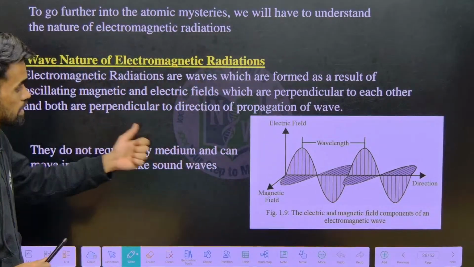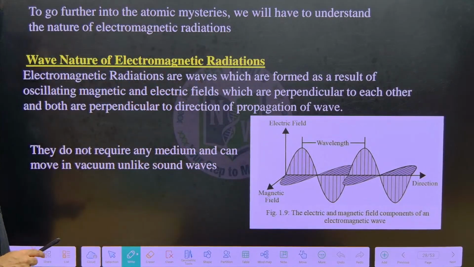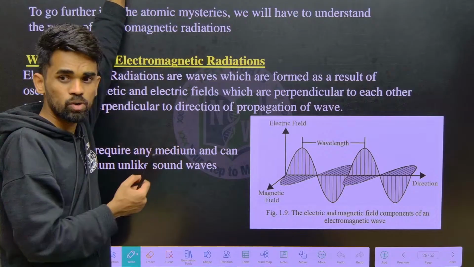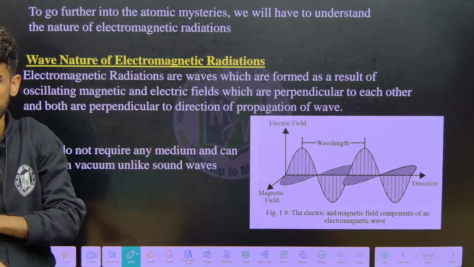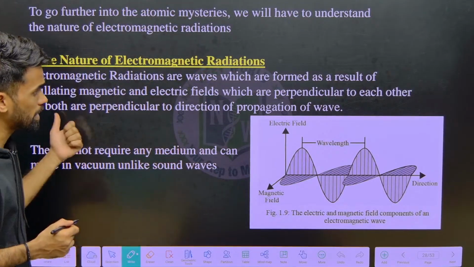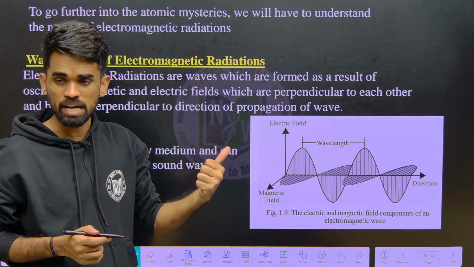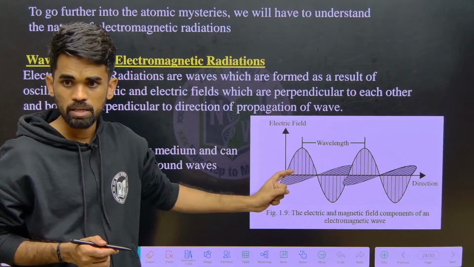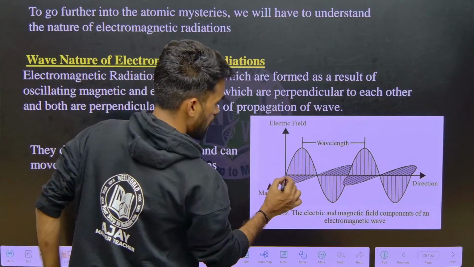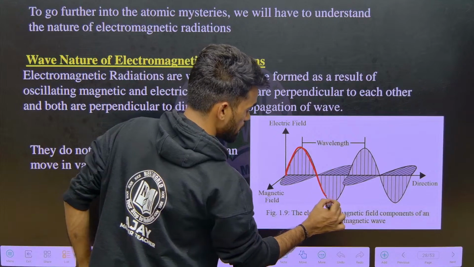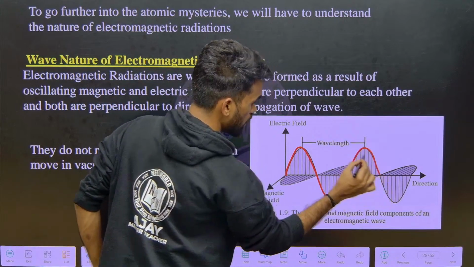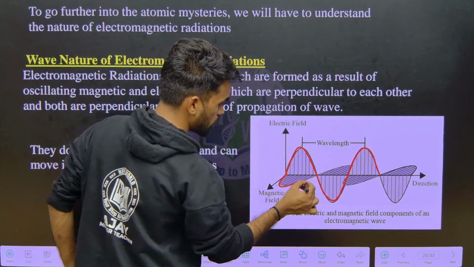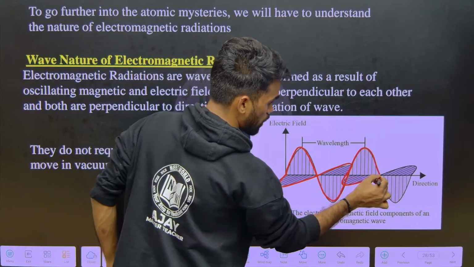Okay. Next, now let's have some idea over these electromagnetic waves. This electromagnetic radiation contains two components: one is the electric field component and the other is the magnetic field component.